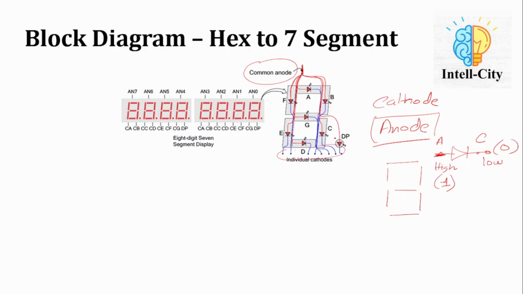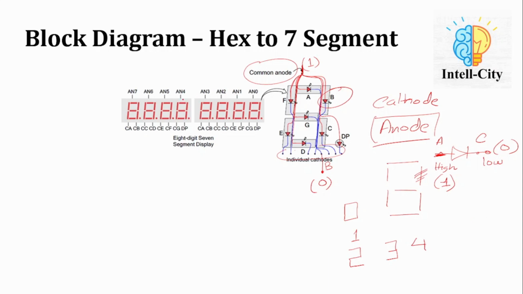For example, to switch on this LED, for example the B LED, I have to provide input to the B pin: I have to connect this to 0 or ground, and I have to connect this anode to 1. 1 means a logic high, or positive side of the battery. So this way the B LED, this segment, will glow. Similarly I can drive all of the segments and make different patterns, for example 0, 1, 2, 3, 4 and so on.